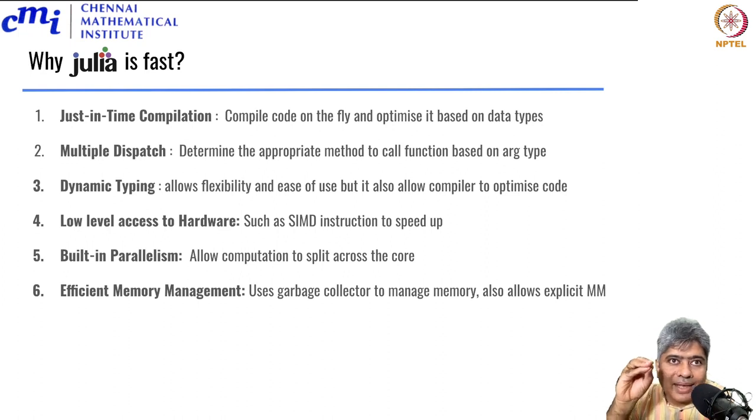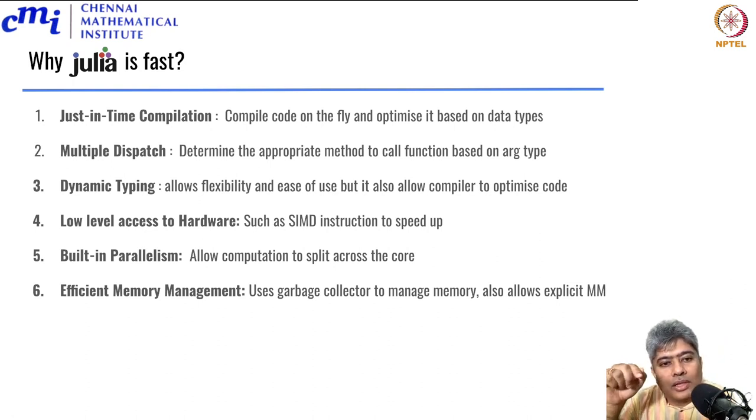If the argument is a string, it will do some kind of operation, and if the argument is a float, it will do another kind of operation. So what you will do is write a function saying if the argument is this, you do this, if the argument is that, else you do this.